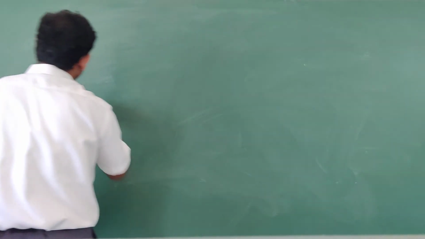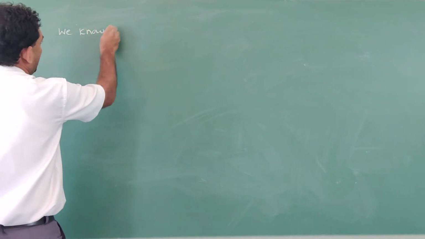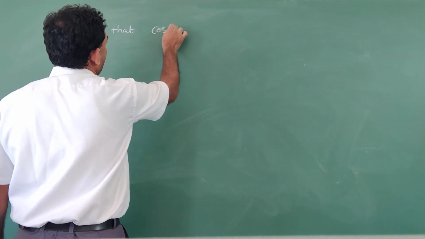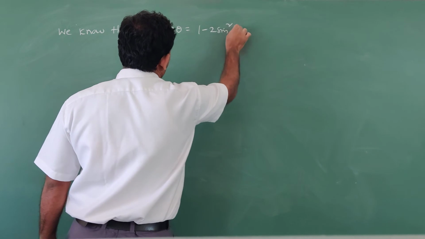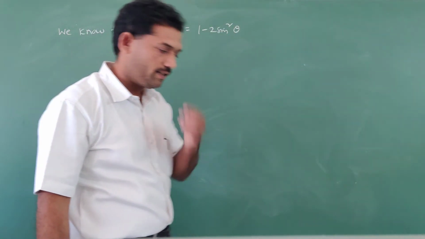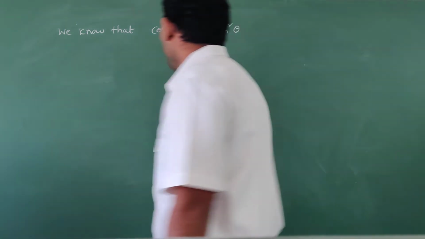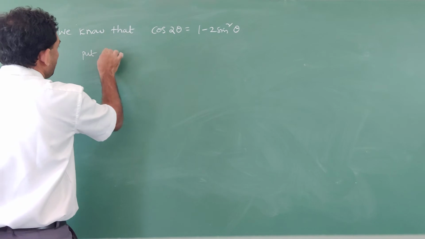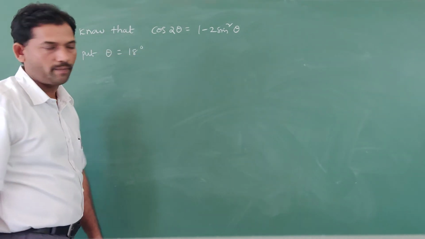So we know that cos 2 theta is equal to 1 minus 2 sin square theta, right? So put theta equal to 18 degrees. Then what happens in the above formula?